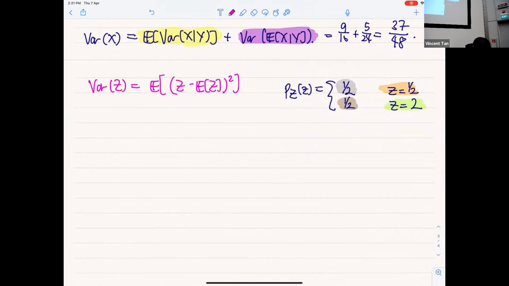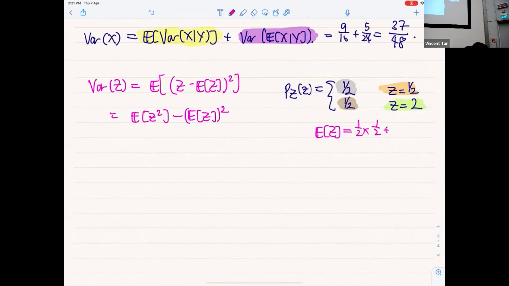Let's do it the conventional way if you wish. So you can do the expectation value using the second moment. I think Sean is very familiar with this way, so we'll do it this way. The expectation value of Z here is basically half times half plus half times 2. This is 5/4. So you have this, 5/4 squared.